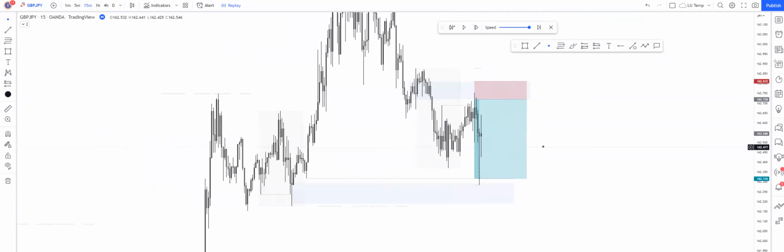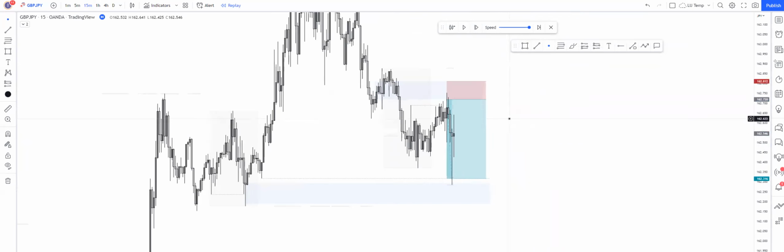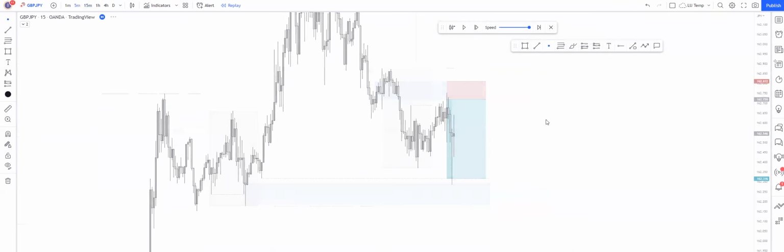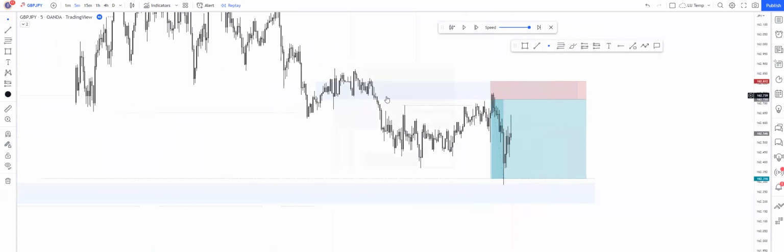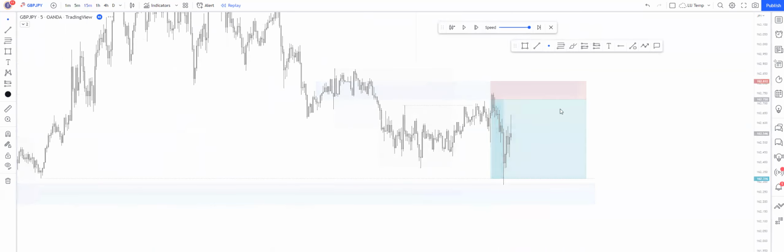Nice. So TP hit. This is less than 105, so 104. You know, I don't take anything less than 105, but that will be your entry there. I'm sure if you went to the seconds, you would get a better entry. Okay.